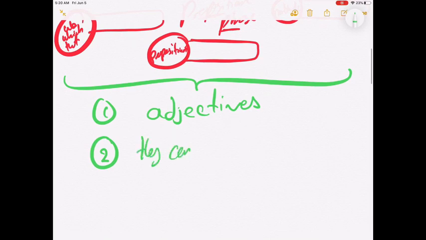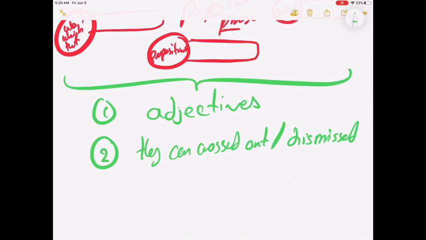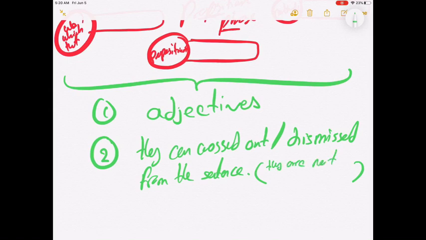They can be crossed out or dismissed. And we will explain now what dismissed or crossed out means from the sentence. What I mean to say is that they are not essential to the sentence. That means that the sentence is considered a complete sentence without them.